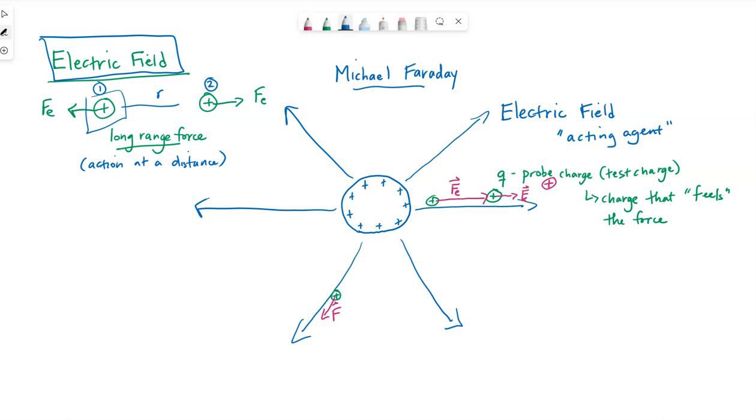The electric field was described, so we're going to use a capital E to represent electric field. It is a vector. It has a direction associated with it. The electric field was defined and described as the force this test charge feels divided by the charge on the test charge.